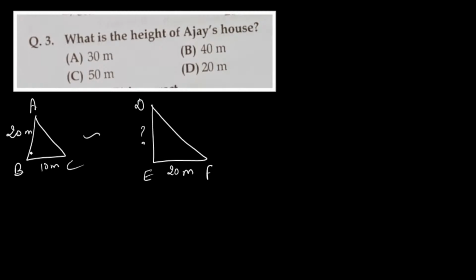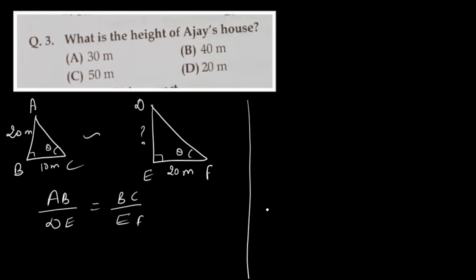See, these two triangles are similar again by angle, because the angle of elevation, the sun's elevation, is the same, because at the same time we are measuring shadows. So if I write the ratio, AB by DE is equal to BC by EF. We know the corresponding sides.